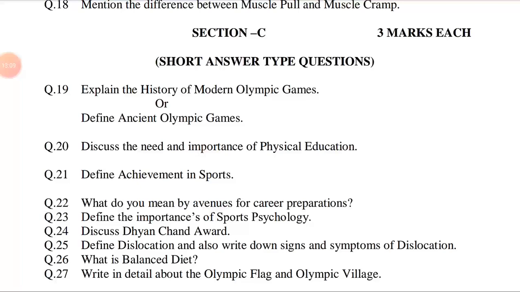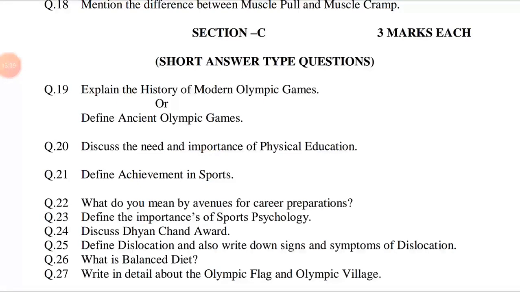Section C. Each question carries 3 marks. Short answer type questions. Question number 19. This question is related to chapter number 8, Olympic Games. Explain the history of modern Olympic Games. History means the study of past events. Modern means present day.